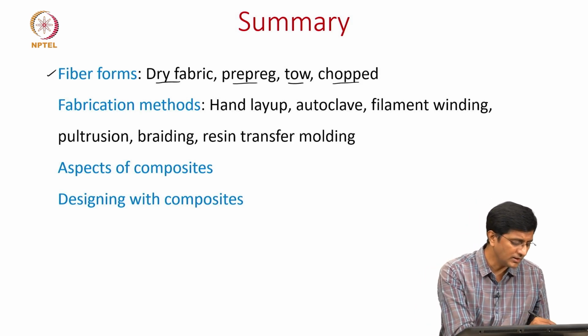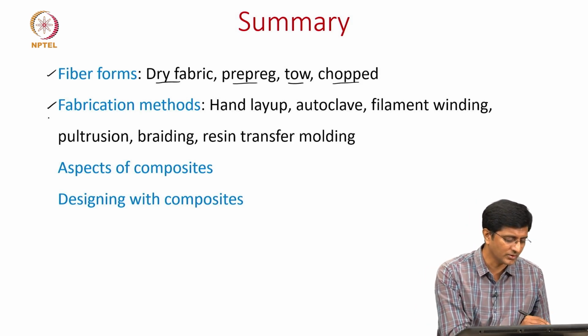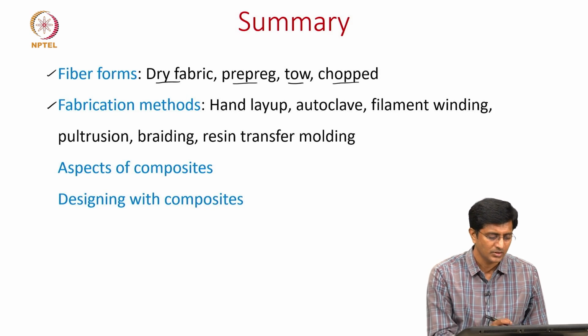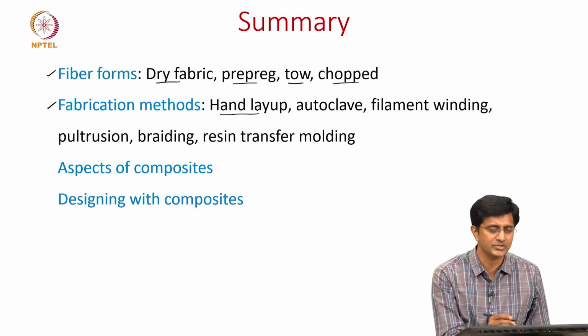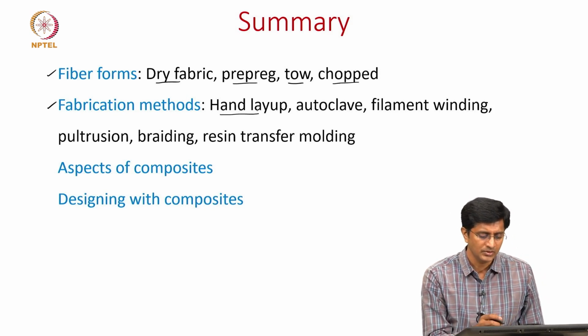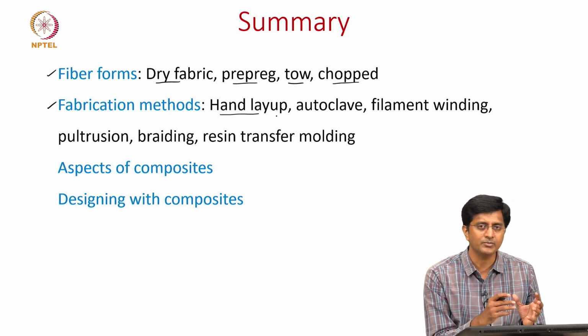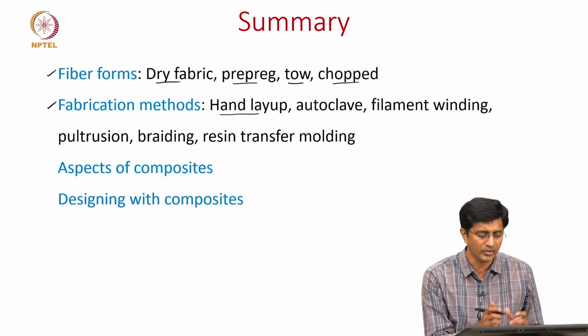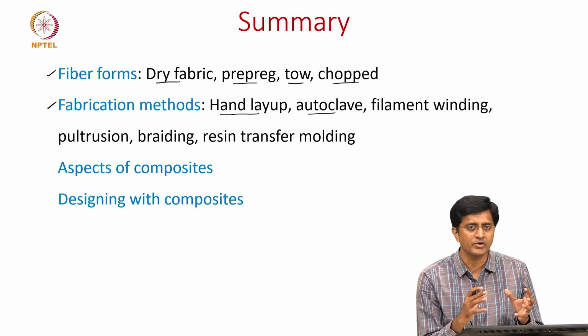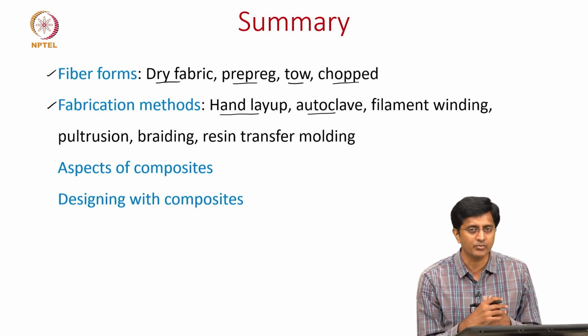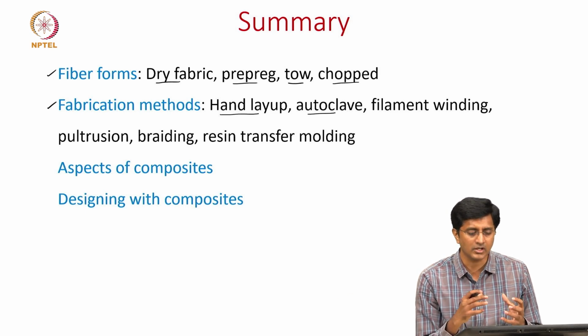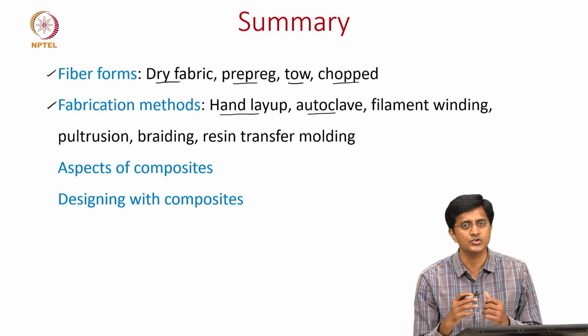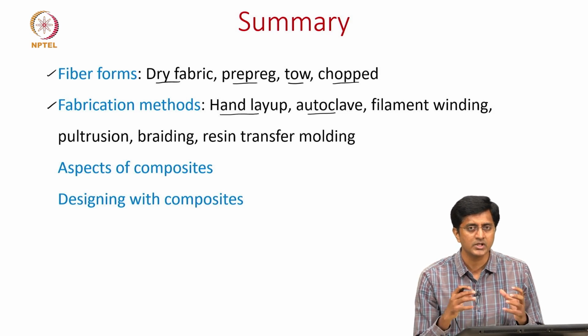And later we discussed different manufacturing or fabrication methods. We started with hand layup, which is manually intensive. Later these hand layups can either be cured in an oven or an autoclave. We said an autoclave is a vessel where we can go to high temperatures and pressures, and usually these are used when we are looking at very superior performance, because this helps us to achieve high volume fractions.